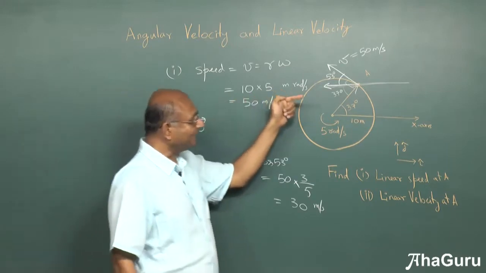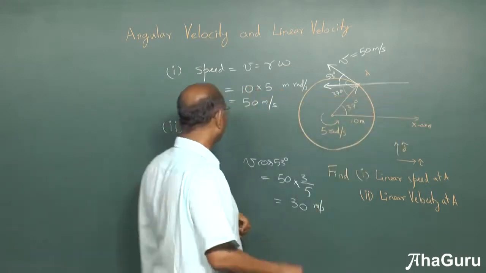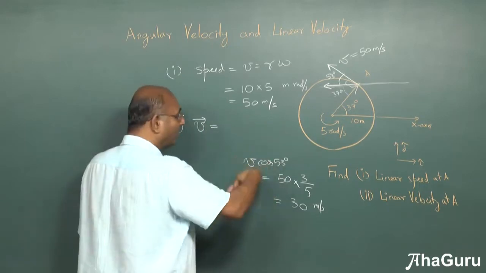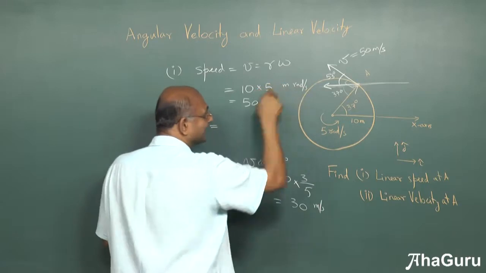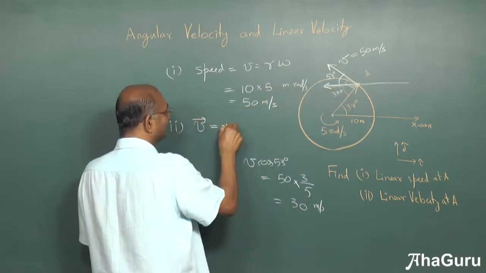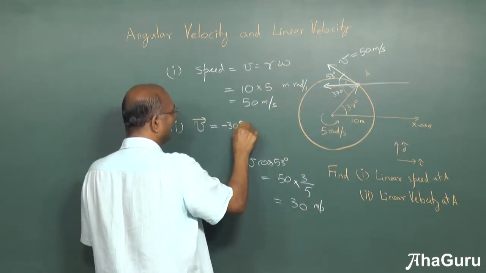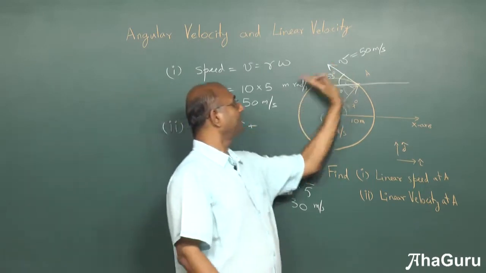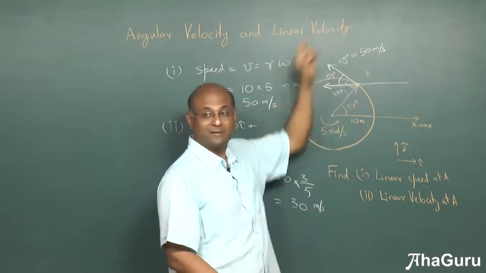Okay, so if I want, that is my i cap direction. So therefore I will write Vx. Vx is minus 30. V's component is basically 30 in this direction, but you want it in that direction. So it is minus 30 i cap. That's not over, right? That only helps me find this component. I also need the vertical component.